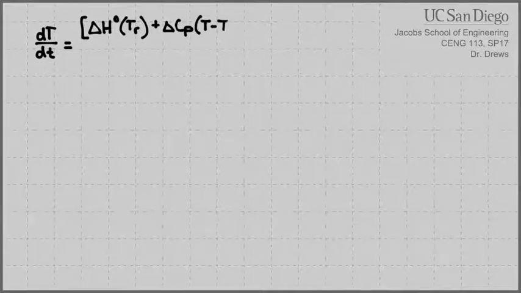I don't want to confuse you there. Tr is just whatever temperature I gave you the enthalpy of reaction at. There's no universally agreed upon Tr. It was that term and then times r sub A times the volume of the reactor.